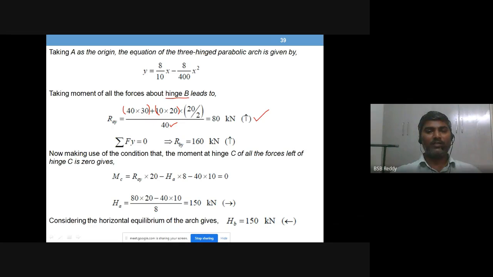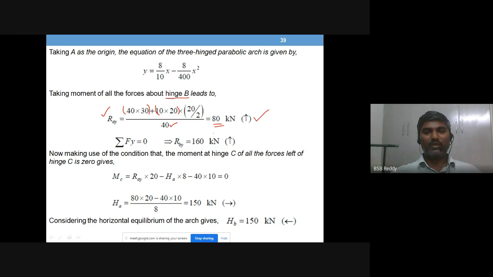Instead of writing the equation like RAY into 40 minus 40 into 30 minus 10 into 20 into 10, it is given directly in this formula. First you need to write the equation, then you will lead to this step, and that will give you the RA value as 80 kilonewtons.